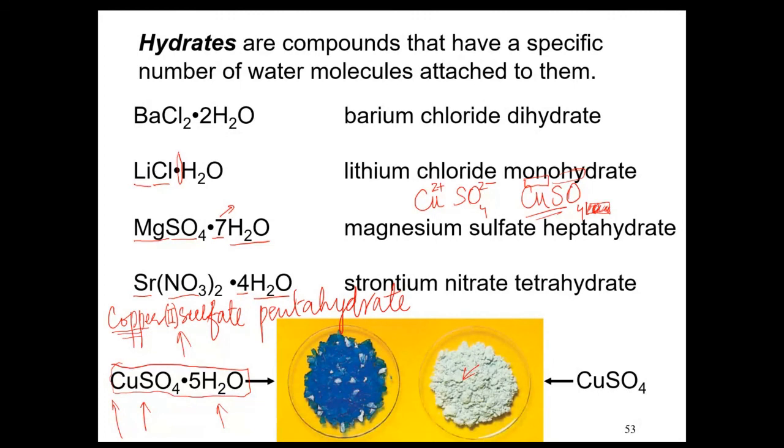If no charge, it means two things. Maybe both have the same charges. So if both have the same charges, what is the charge on sulfate? Minus 2. What should be here? Plus 2. Understand? Clear this one, all students?